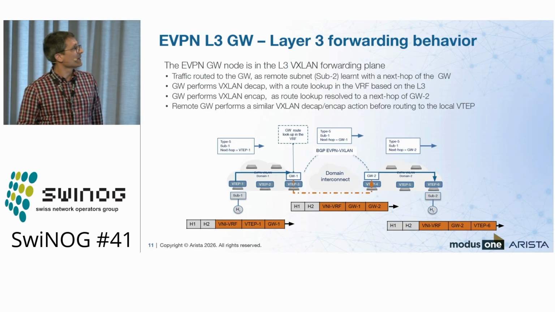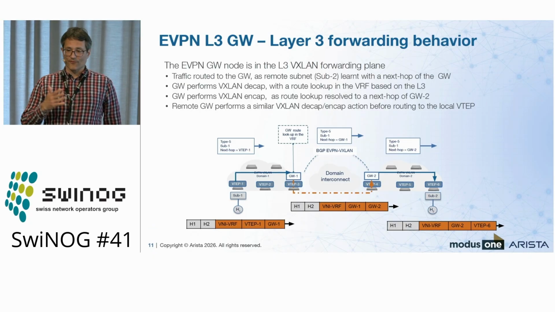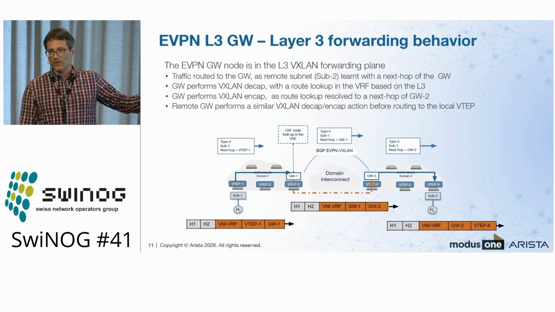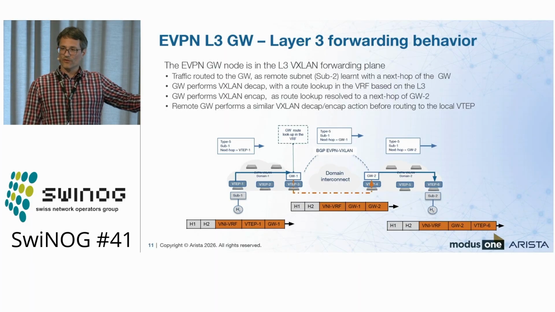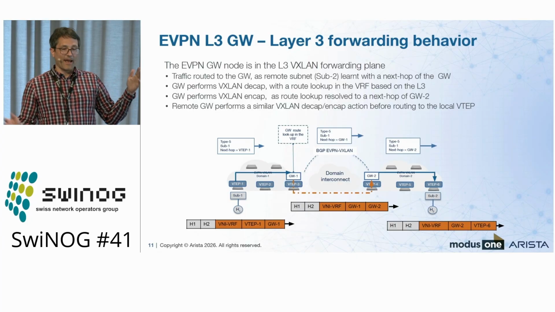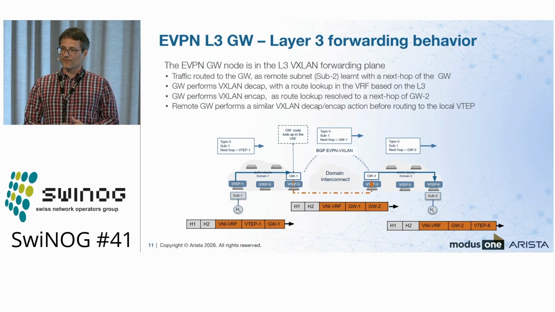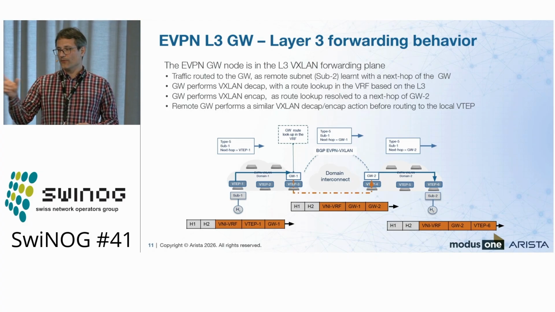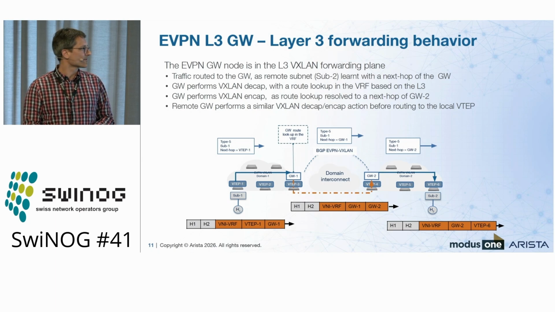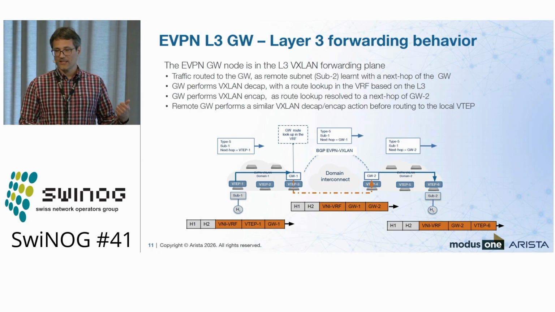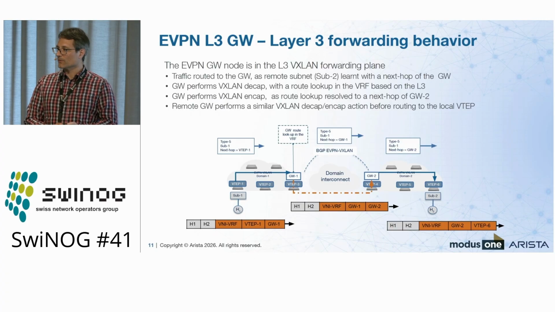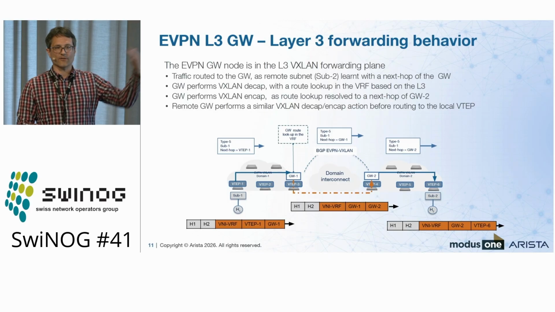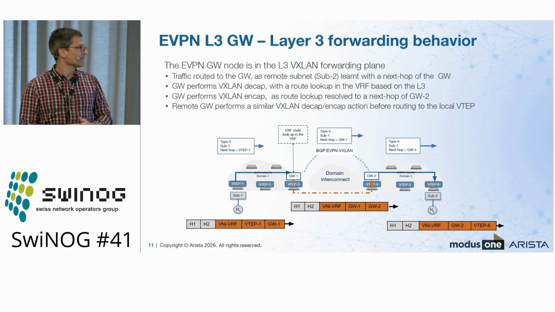Now, how does this look from a forwarding perspective? Here, VTAP 1 receives a frame from host 1 on the left and encapsulates that in a VXLAN header with gateway 1 as destination address. When gateway 1 receives that, it decapsulates, does a lookup, and figures out, oh, I need to send this to gateway 2 because it's for the remote data center.